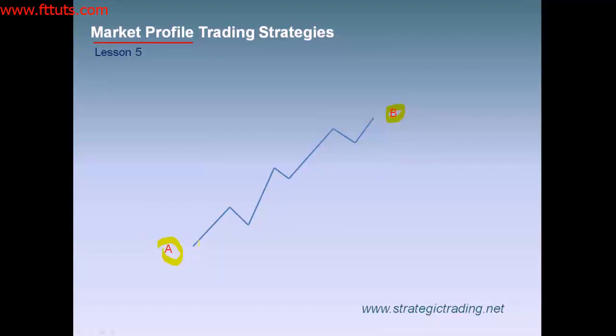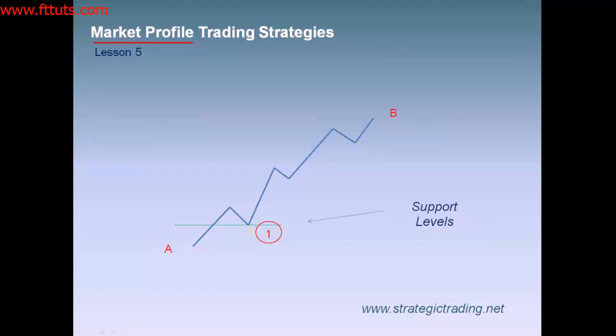So we find that it will zigzag, as you can see here on this diagram. It moves up and then drops a little bit, moves back up and then drops again, then moves back up again. Now, given this pattern, this is how we identify where our support levels are.